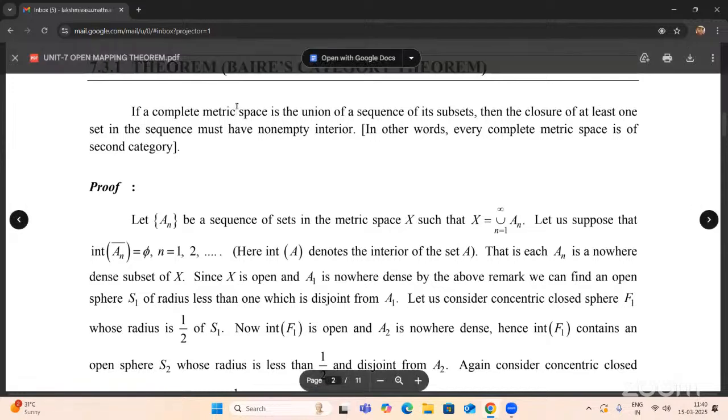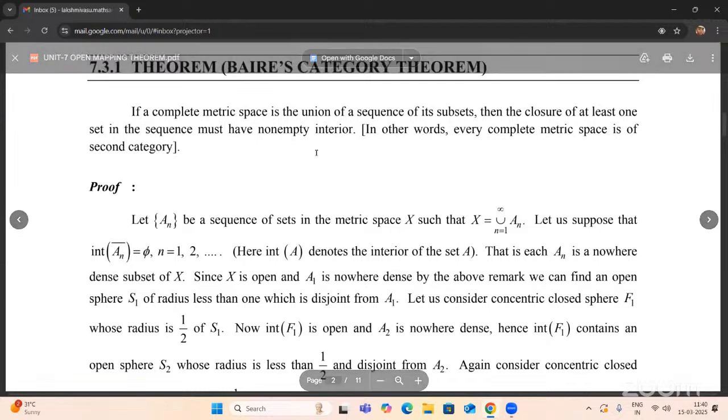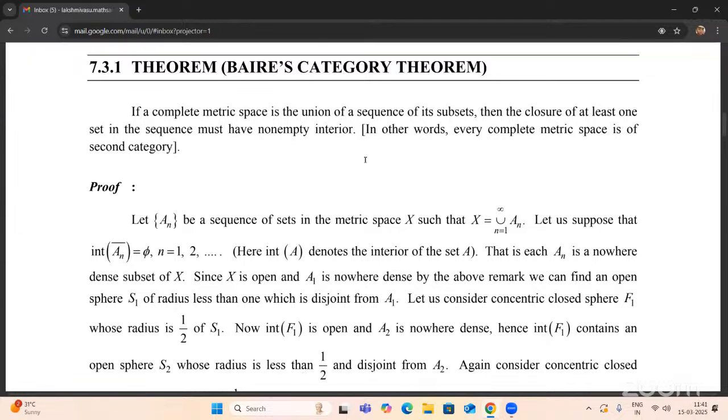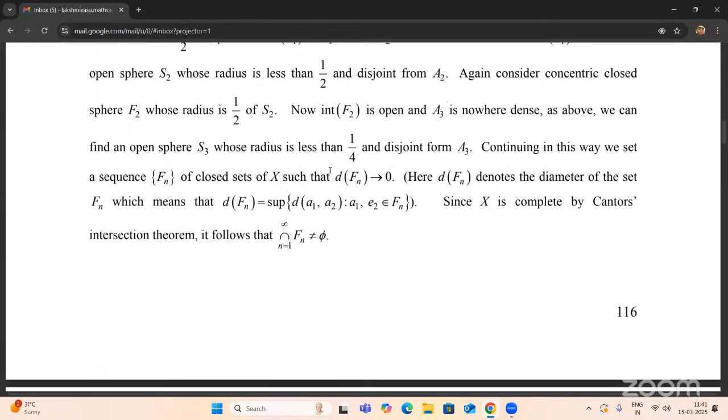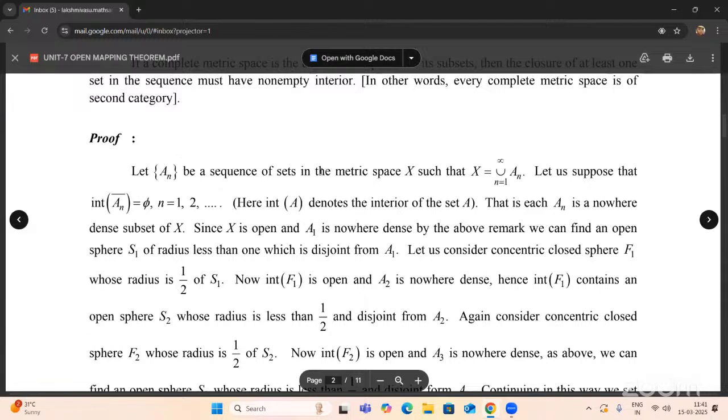So you must write the second category definition through the complete metric space. The simple statement is that every complete metric space is of second category. That is the statement of the Baire category theorem. In the examination, you will be asked to state and prove the Baire category theorem.